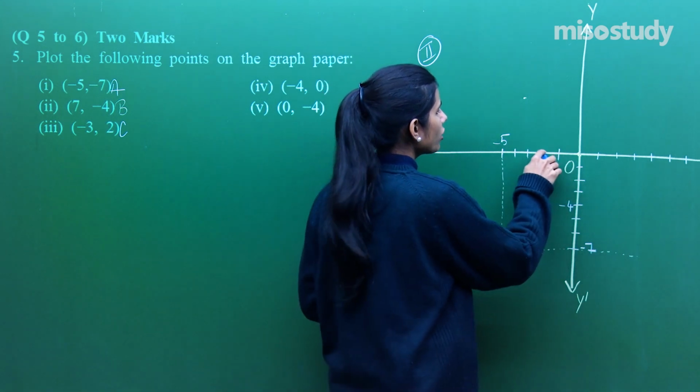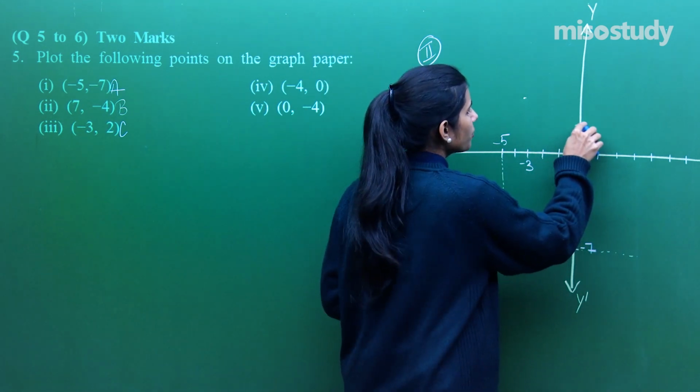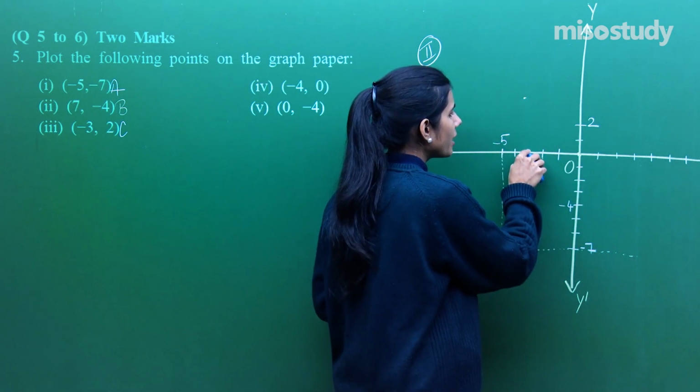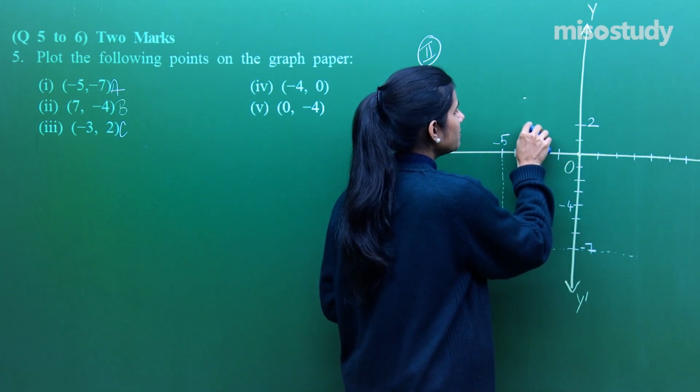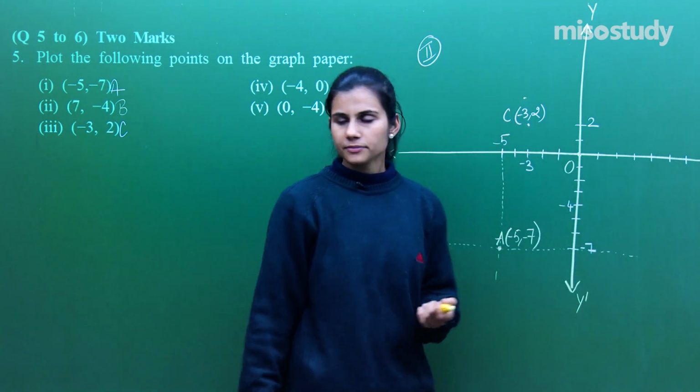So 3 units along the negative x-axis, this is -3, 2 units along positive y-axis. If I draw a line parallel to the y-axis passing through -3, and a line parallel to the x-axis passing through 2, here somewhere they will be meeting. This point is -3, 2, that is C.